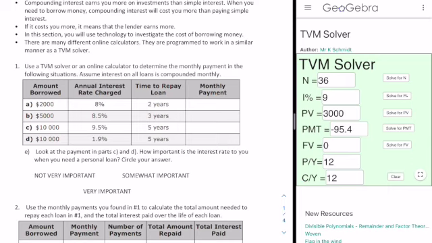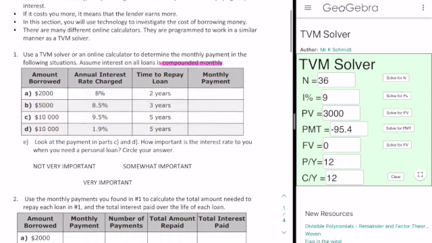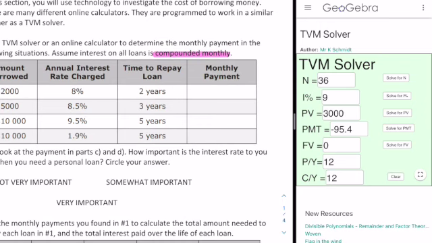All interest is compounded monthly, so that's very important to note. Here you're going to have $200 at a rate of 8% for 2 years. If you remember from the tech tip, the time to repay the loan times the number of payments per year is what N is going to be.